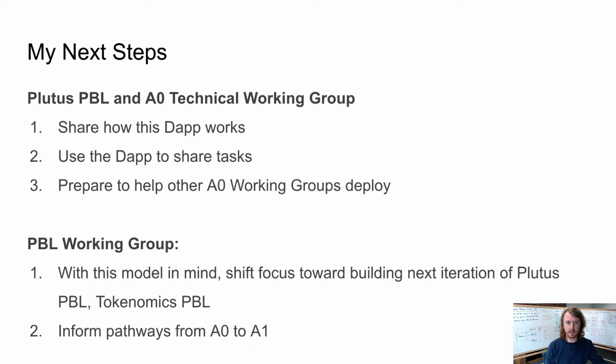So to really start distributing the load here, building up the expertise of anybody who wants to take it. In the context of the project-based learning working group, with this model in my mind, I'm shifting my focus towards building the next iterations of Plutus and tokenomics PBL, and hopefully informing more generally the pathways from allocation 0 to allocation 1.